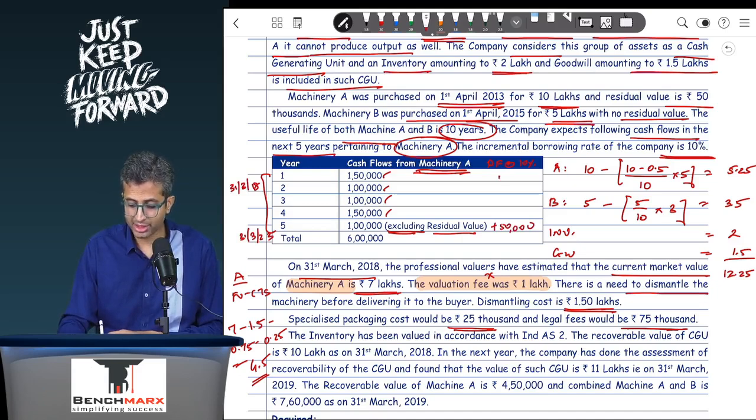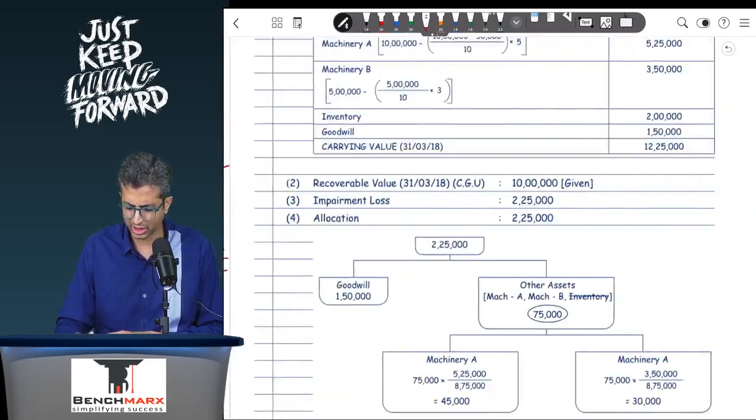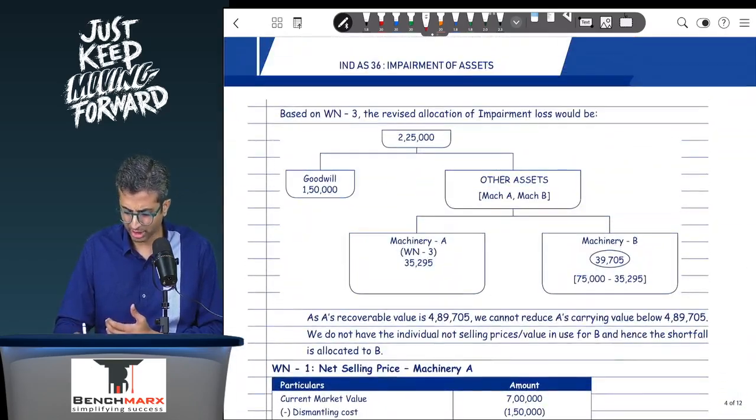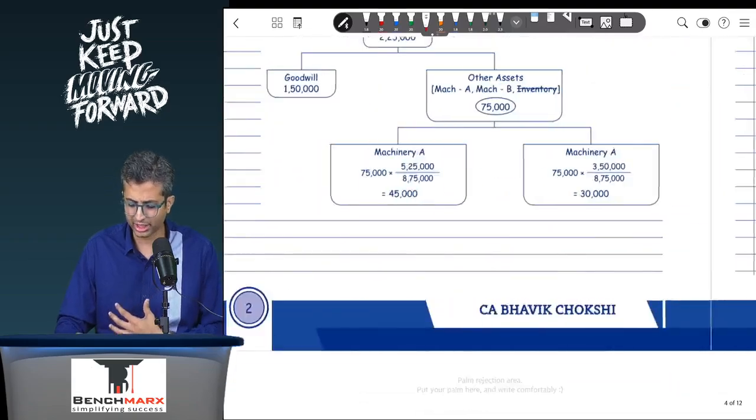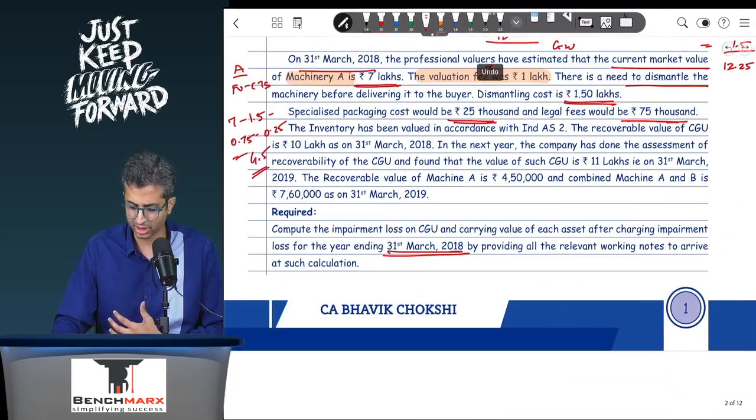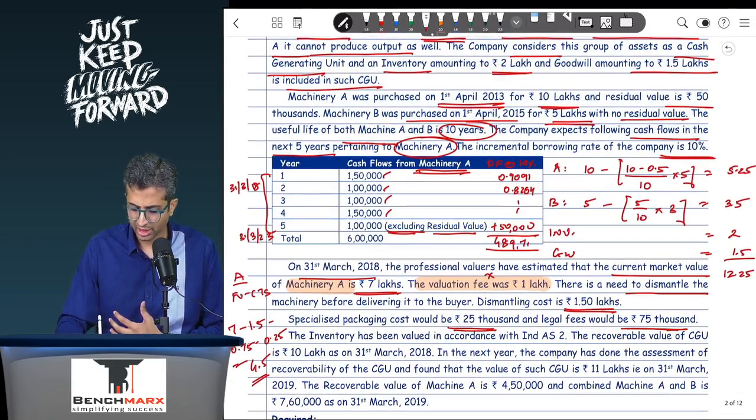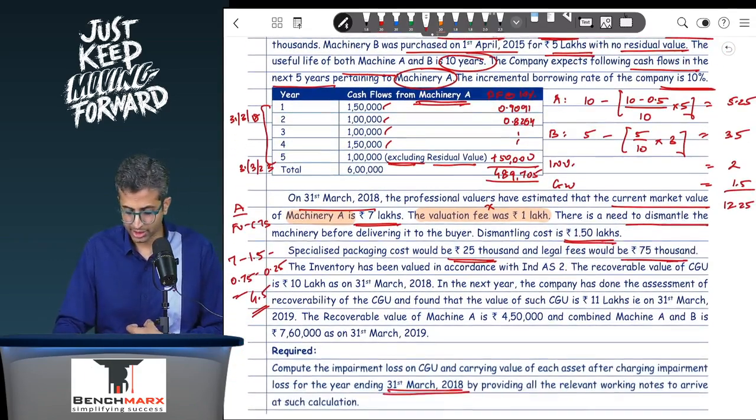You will apply the discounting factors at the rate of 10%, so that is 0.9091, 0.8264 and so on, and you will find the value in use. I think this comes to around 4,88,000 and something. You can do this working, but I'm just taking a direct 4,89,705 approximately. So this is 489,705. You can do these calculations to find the value in use.